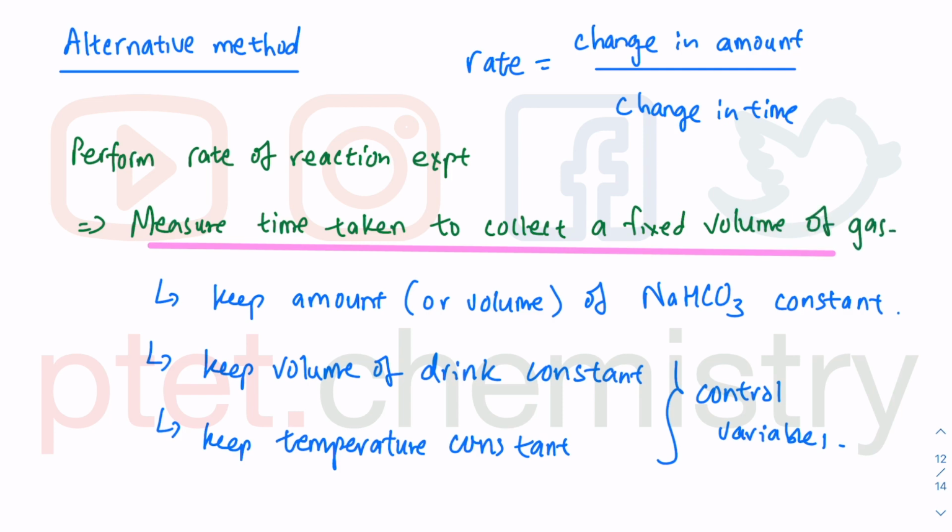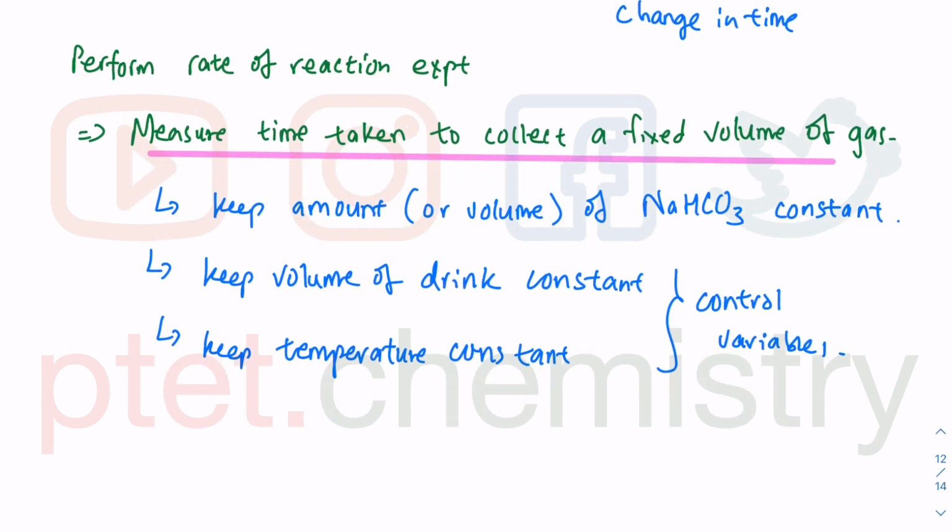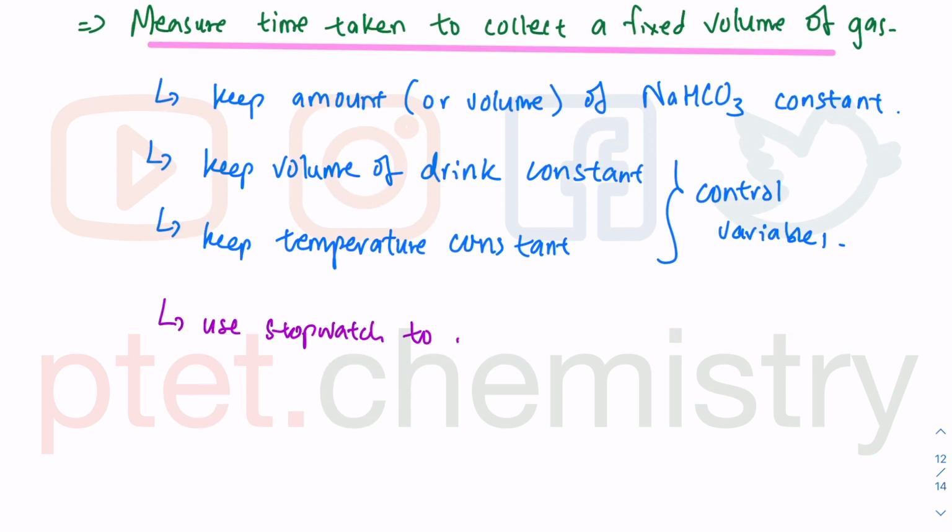We're going to keep the same amount of sodium hydrogen carbonate used, keep the volume of the drinks used the same, the Coca-Cola and the value Coke, keep temperature constant. Here what we're going to do is we're going to use a stopwatch, of course, to monitor the time taken, because there's the apparatus you use.